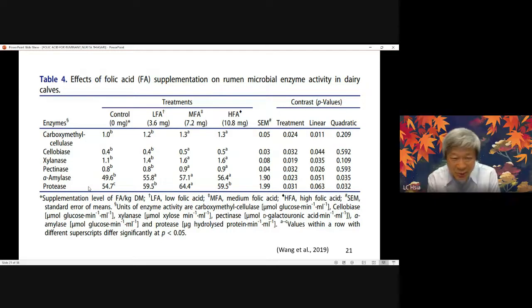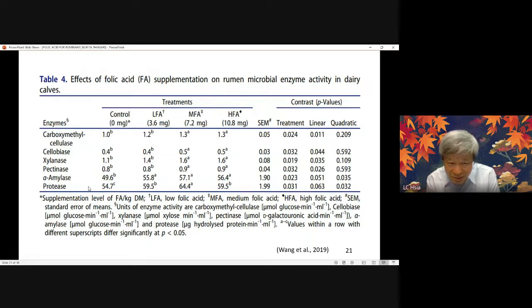No, don't say that. You can see from this table, if you increase folic acid, then you will increase cyanide. Is that right? Yes. Okay, so this increases roughage digestibility, and you also increase amylase.